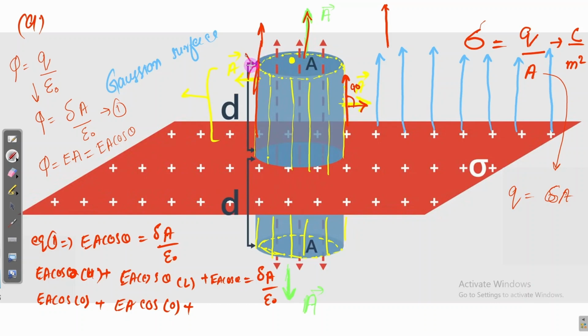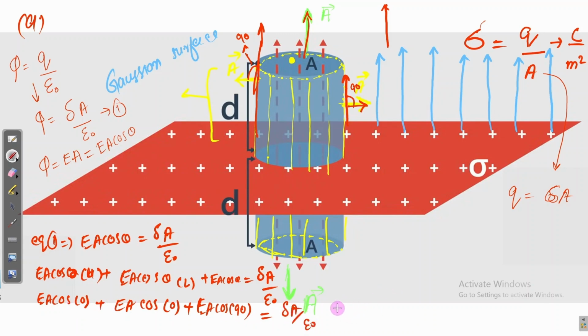So again the angle is 90. So here I write EA cos 90, and this is equal to sigma A divided by epsilon naught.